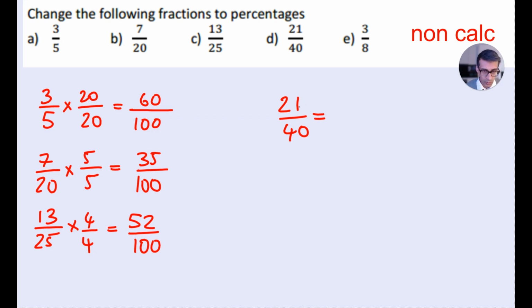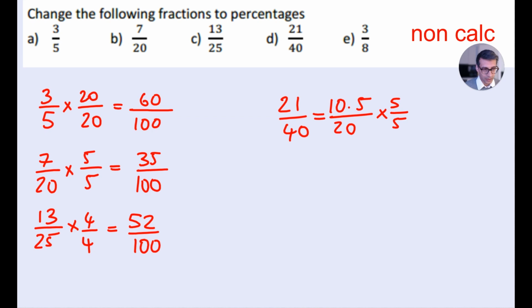If we half the 21, you will end up with a decimal, because it's not an even number. So you're going to end up with 10.5 over 20, and then we can scale this. We're going to multiply it by 5 over 5.